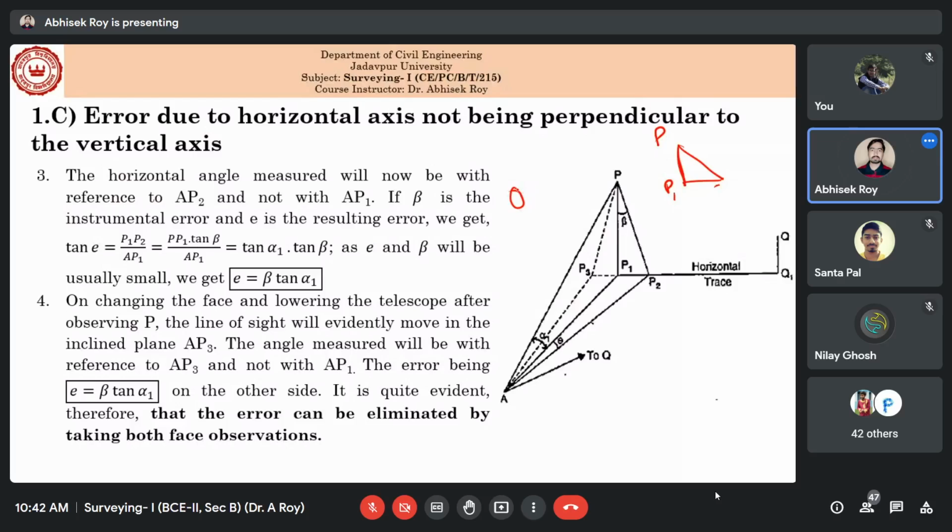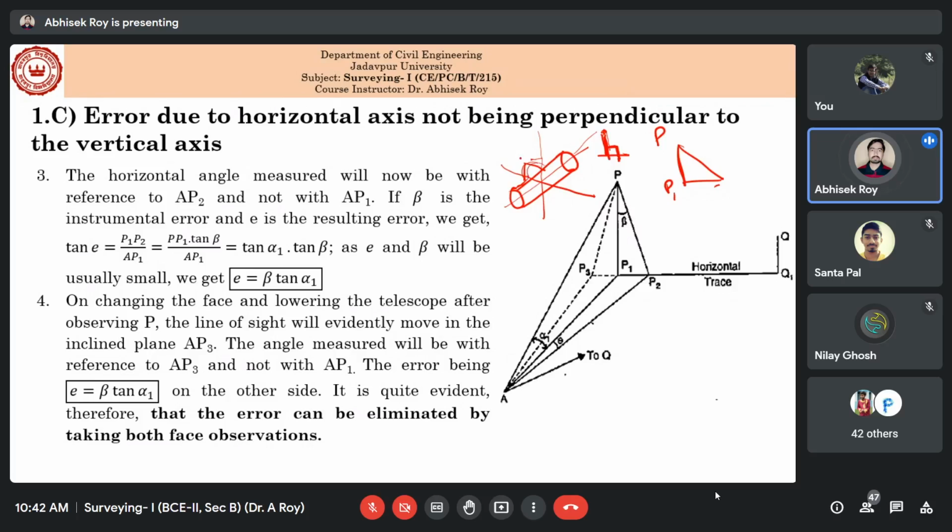Suppose this is your theodolite, your lens. This is the line of collimation. This is the horizontal axis and this is the vertical axis. So if this is 90 degree, then after bisecting P, if you are going down, in the horizontal trace it will make an angle of 90 degree.